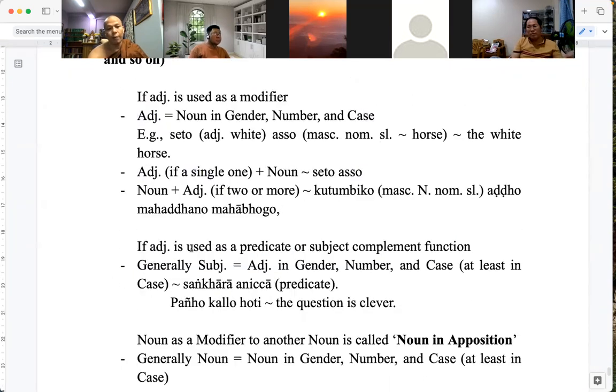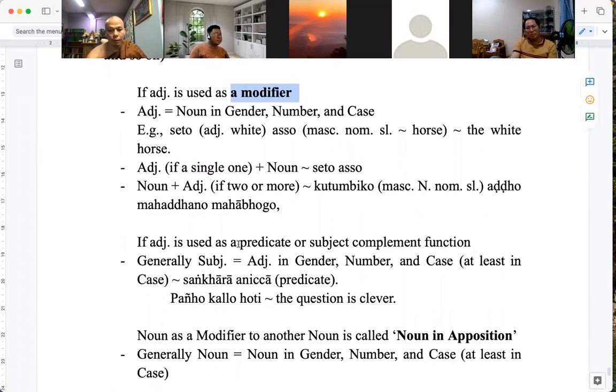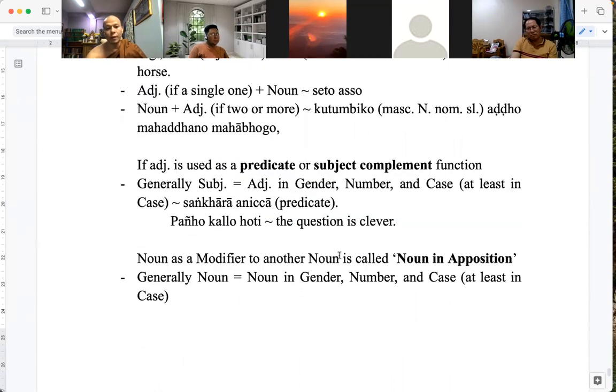But if the adjective is used as a predicate or a subject complement function, generally the subject and the adjective are the same in gender, number, and case, but at least must be the same in case. So Sankhara, aneja.